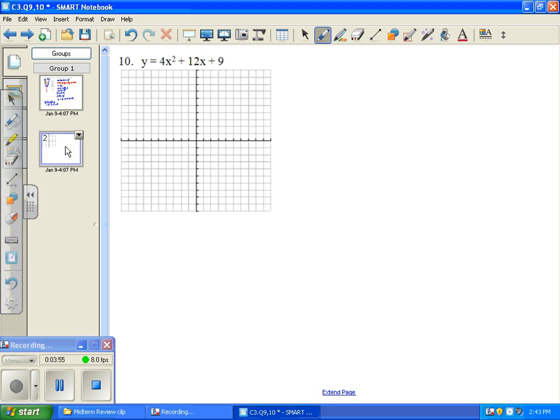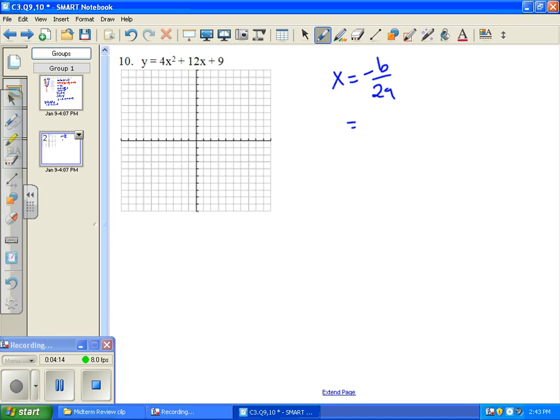Okay, also graphing the second one. Now, this one is in standard form, so we approach it a little differently. So we want to find the vertex first. Remember, the x-coordinate of the vertex is equal to -b over 2a.